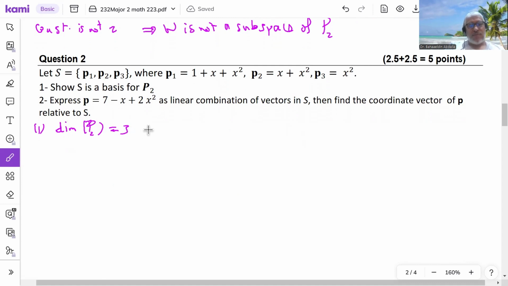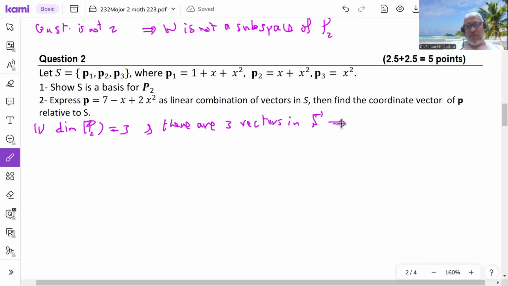And there are 3 vectors in S, so it equals the dimension.